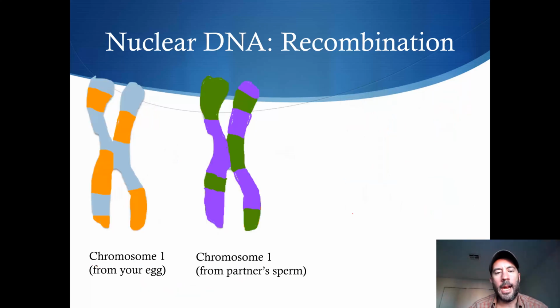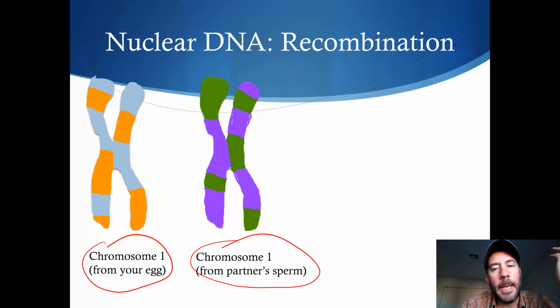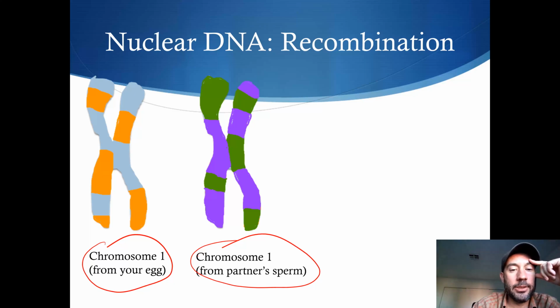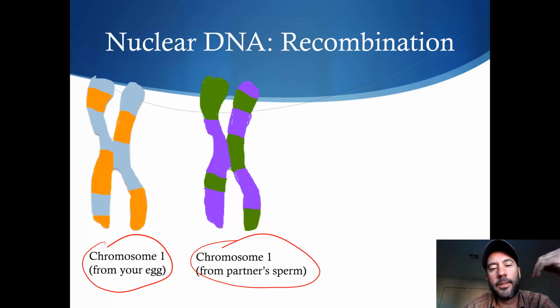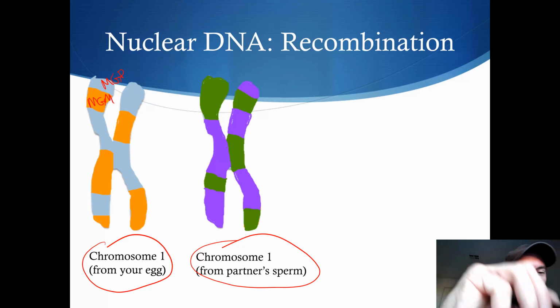All right. Now, let's say this is chromosome 1 from your egg, and this is chromosome 1 from your partner's sperm. Later on, your kids are going to have kids. You're going to have grandkids. Okay, so just to track and trace the pieces from the grandparents, right? This is your maternal grandpa, and this is your maternal grandma, right?